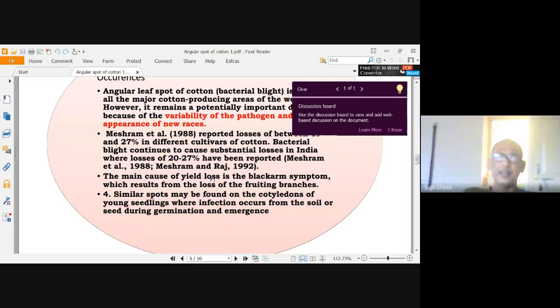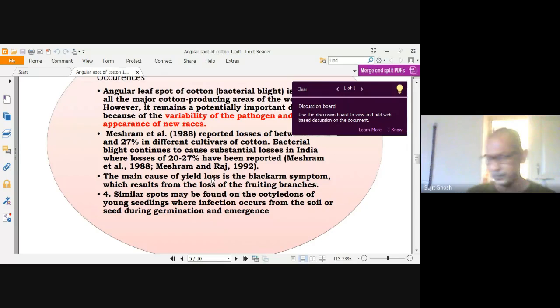It affects the mature plant when it is in a fruiting condition. Simultaneously, it also affects from the soil. When you put the seed for germination, then it can affect the cotyledon also.